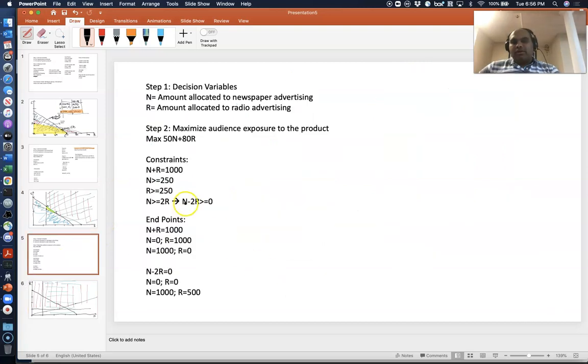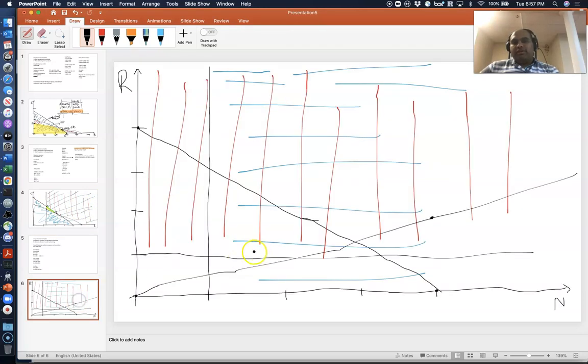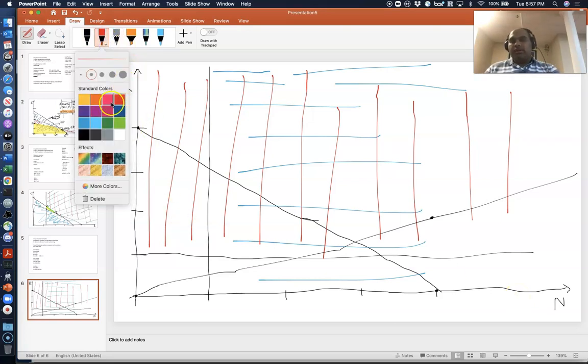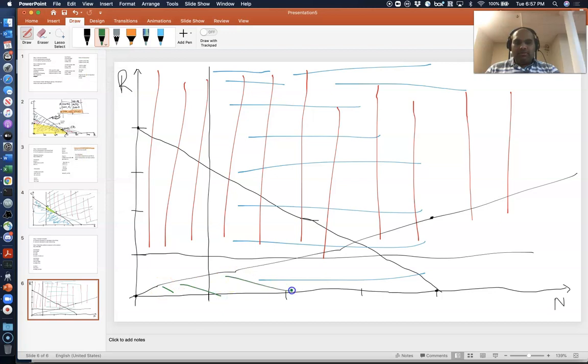If I plug in 0 comma 1000, I get 0 minus 2000, which is minus 2000, and that is not greater than or equal to 0. So all the points towards this side are the wrong side. It's the points towards the x-axis that we have to consider. So here the feasible region now will be these points right here.